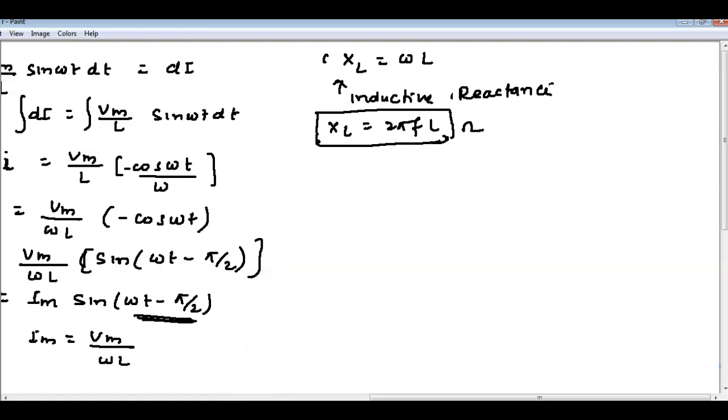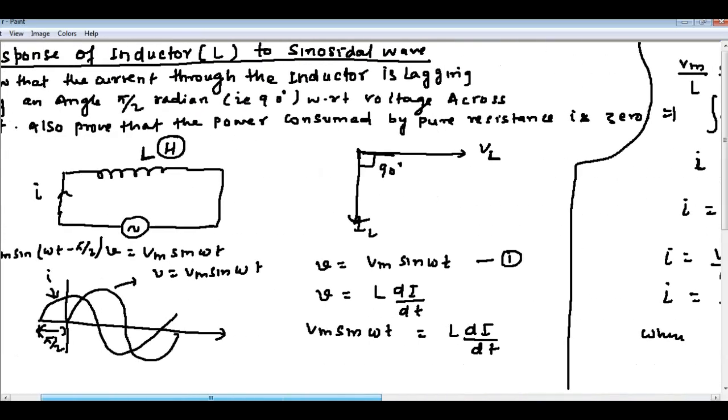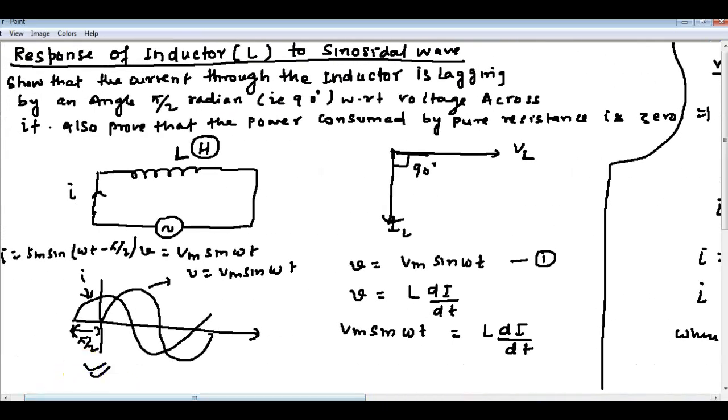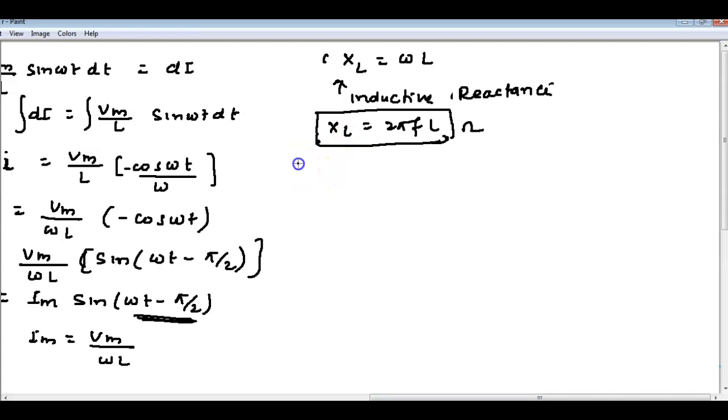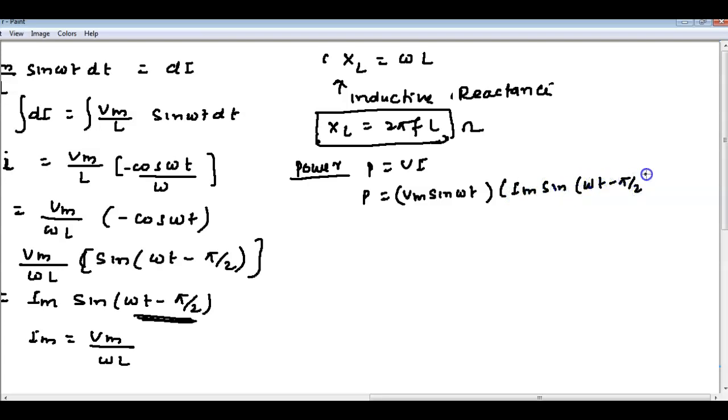This graph we have mentioned here, the current is lagging behind by pi by 2. First we will find the normal power, and then the average power. Power is P equal to VI. So P is equal to Vm sine of omega t times Im sine of omega t minus pi by 2.